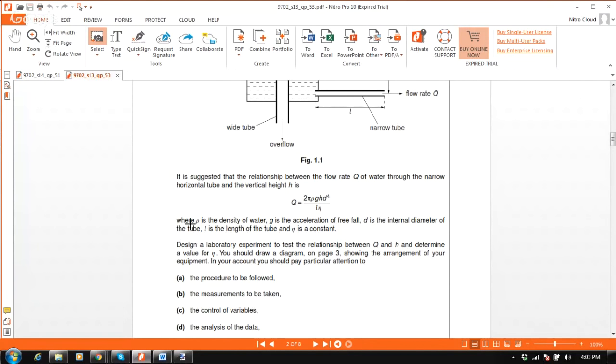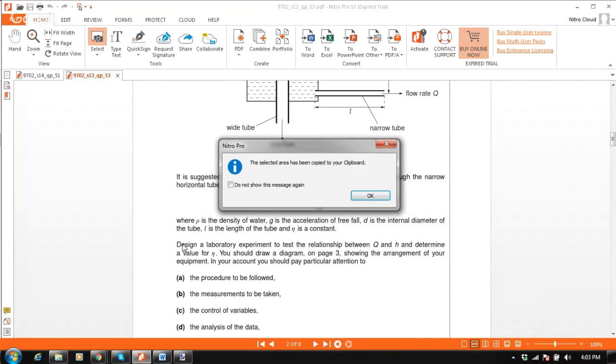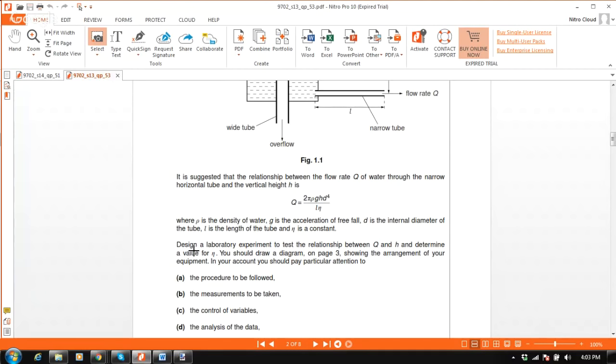Where rho is the density of water, g is the acceleration of free fall, d is the internal diameter. Now, if you look at this part, design a laboratory experiment to test the relationship between Q and H. Determine a value for eta, like this, more than n thing is called eta. Here is the problem statement.